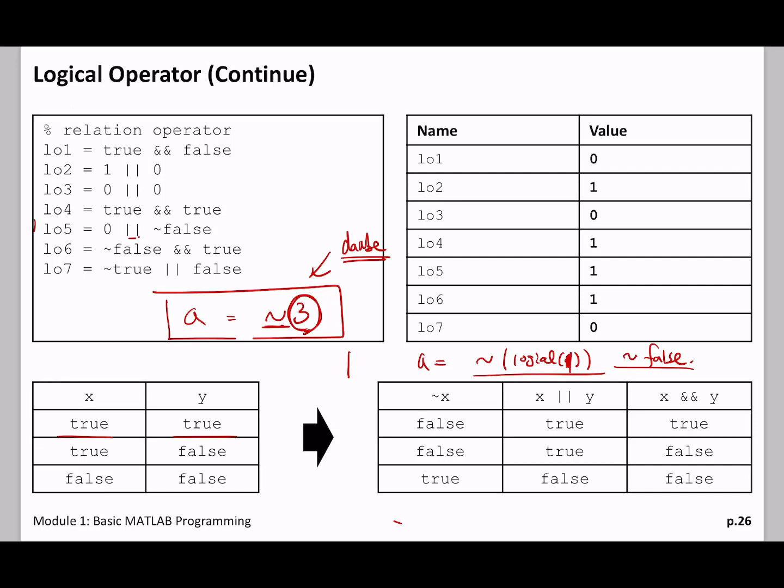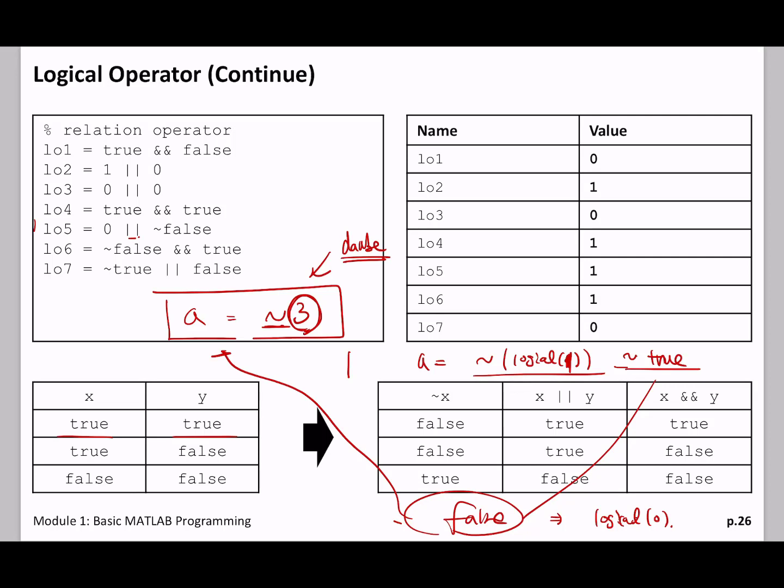All the numeric values are true unless 0, right? Otherwise, the non-zero values are all true, I would say. Okay, so this one becomes true. What is the not true? False. So false is assigned to the A. False is equal to logical 0.